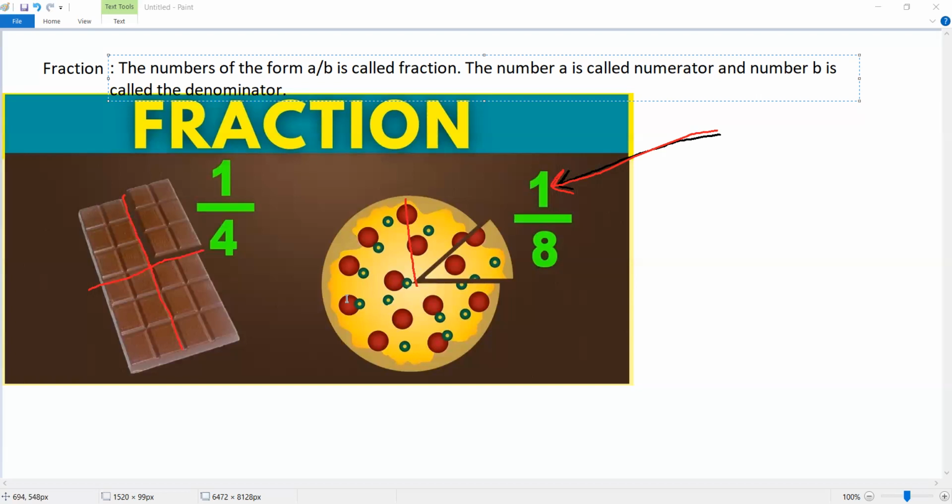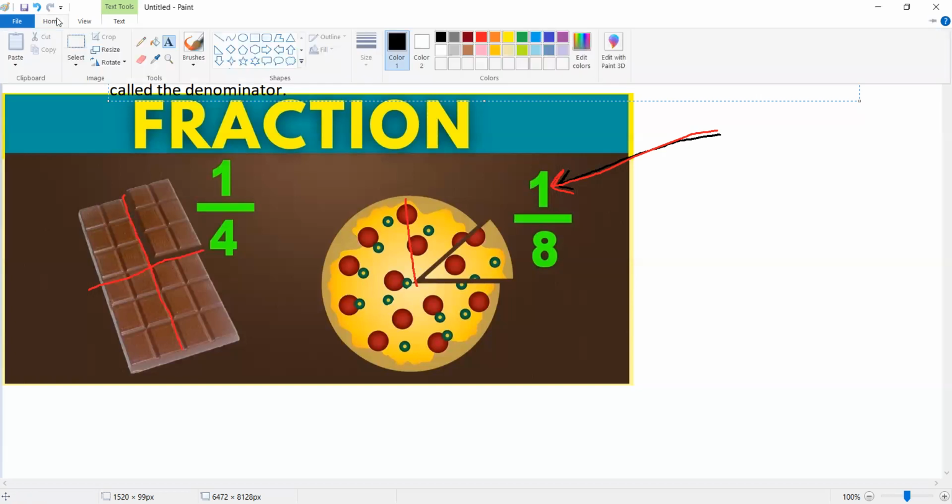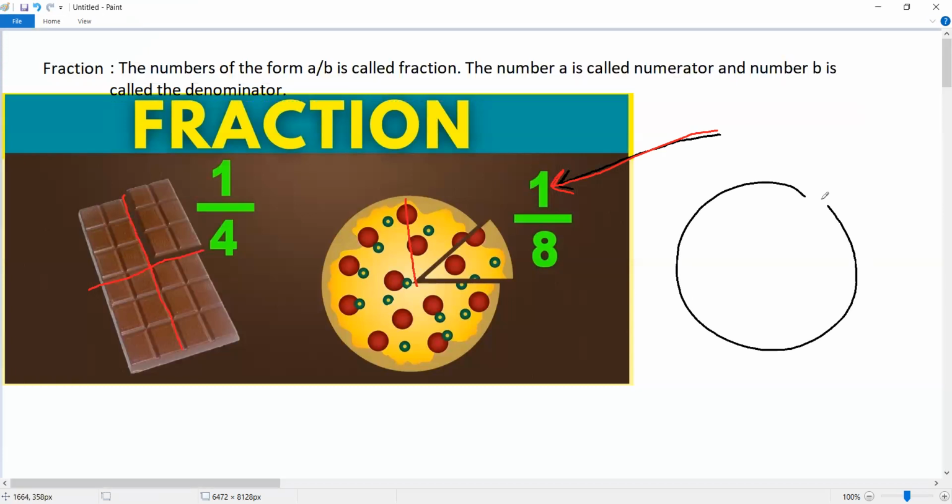Similarly, suppose you have a pizza or some cake and you make 5 pieces from it. Now you take one piece out of it.